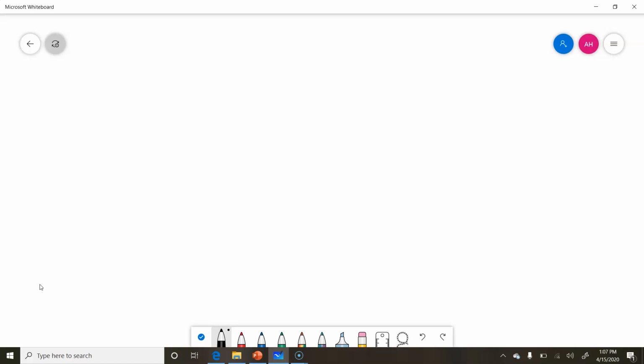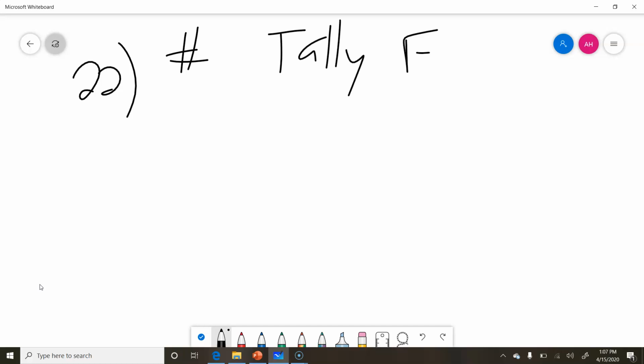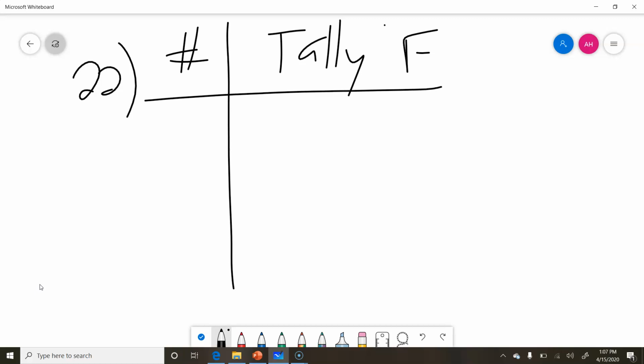Now, we're going to look at number 22 and the chart. Okay, so if you look at number 22 you see a big chart, right? We have number of children, we have tally, and then we have frequency. Okay, so it looks like this. For number of children 1, we have 1, 2, so there are 2 of them.